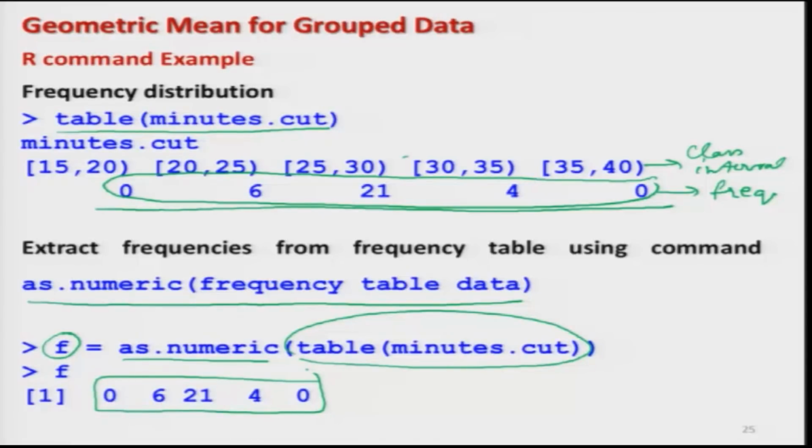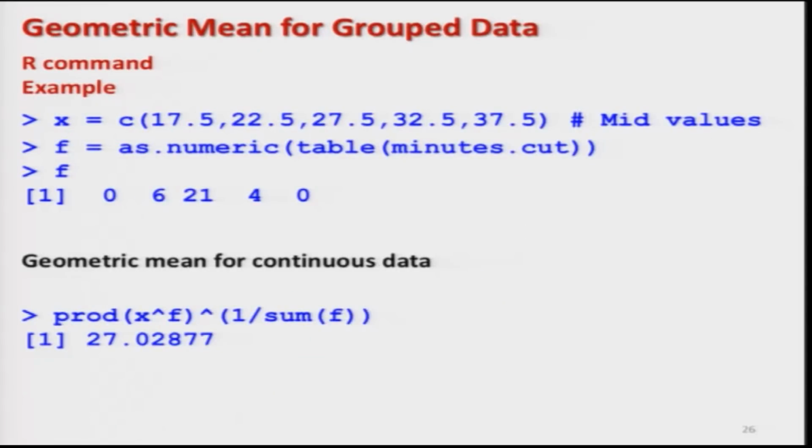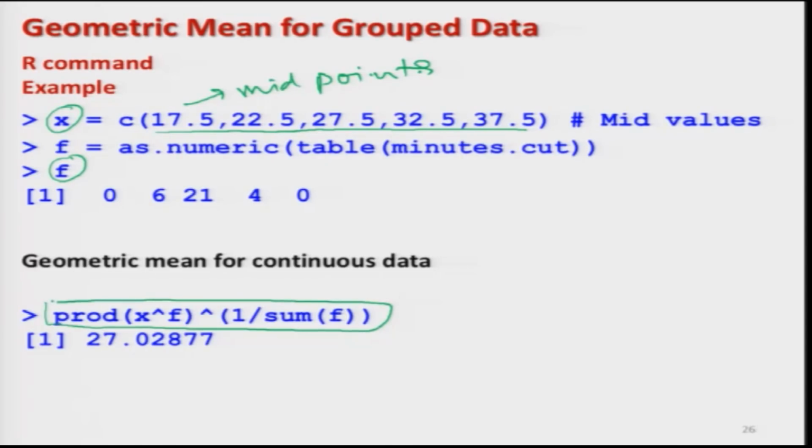Now I have obtained the vector f, and I have to collect all the midpoints and create the vector x. So, I collect all the midpoints 17.5, 22.5 and so on, and now I have two vectors x and f, and based on that I can use the function which we have just developed to compute the geometric mean.